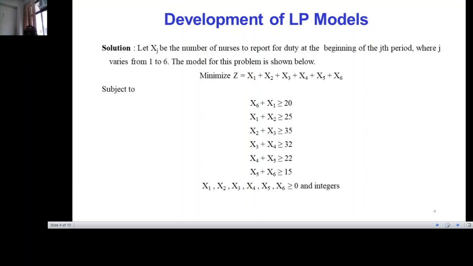For example, if process number 1 is used, the weaving machine setup cost is rupees 150. Processing cost is 15 rupees per square meter, and maximum daily capacity is 2000 square meter.